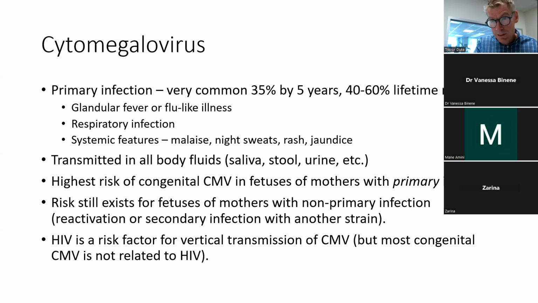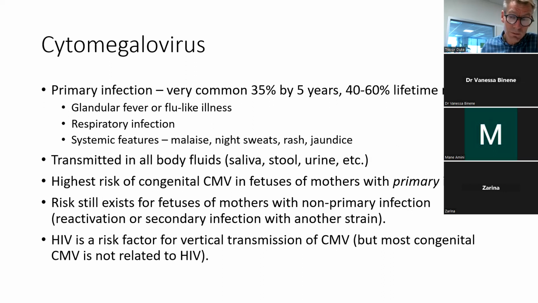Cytomegalovirus is very similar in its manifestations to congenital rubella syndrome, but cytomegalovirus is probably even more common than rubella. Most people, by the time they reach adult life, have been exposed to cytomegalovirus and will have the antibodies to CMV. At some stage, we had a respiratory infection or we had a diarrheal-like illness, a gastrointestinal illness, and we acquired cytomegalovirus.